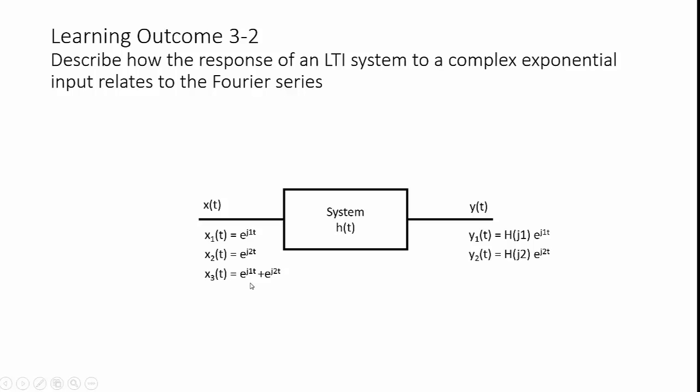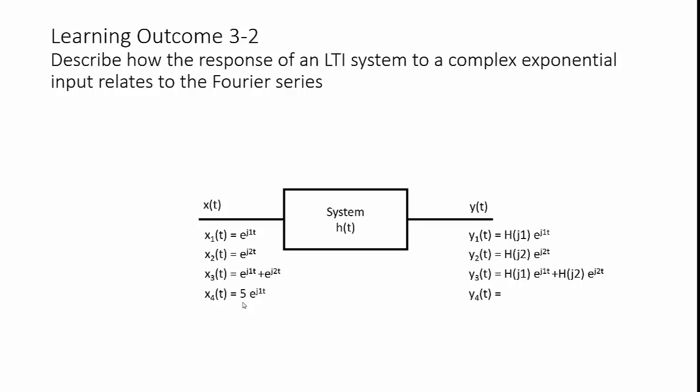By linearity, we know that if we were to add these two inputs, that our output will be what? Think back to learning outcome 1.4. It's going to be the sum of these two outputs. We also know, because it's an LTI system, that if we were to scale this first input by some constant value, that the output will be what?